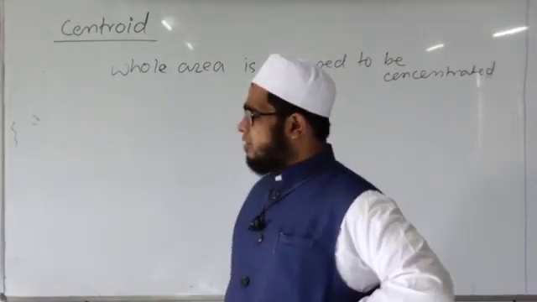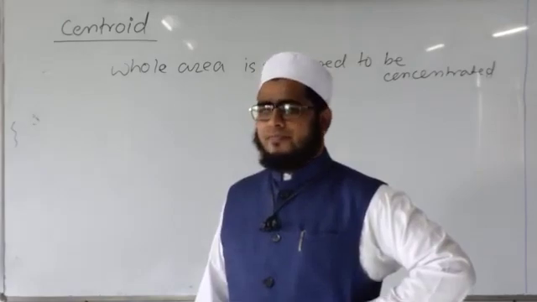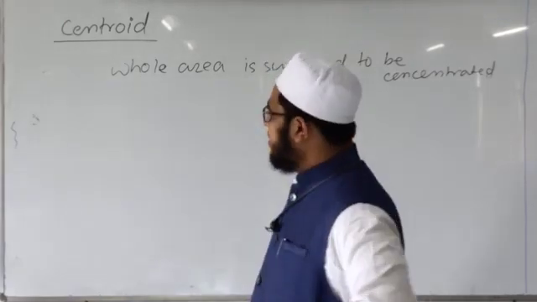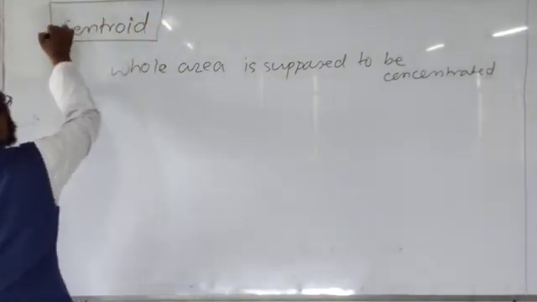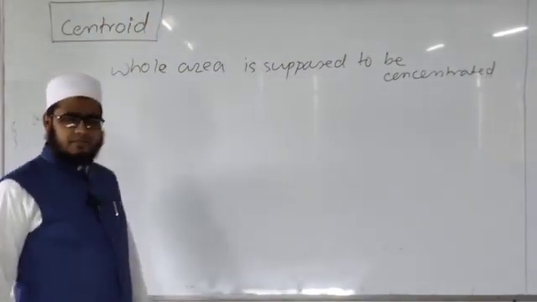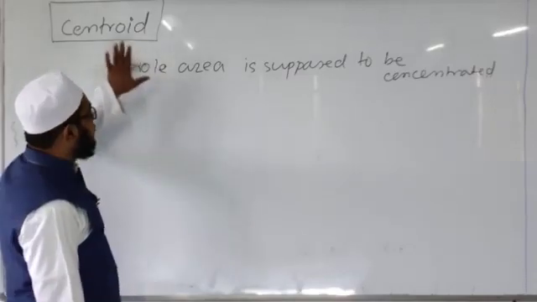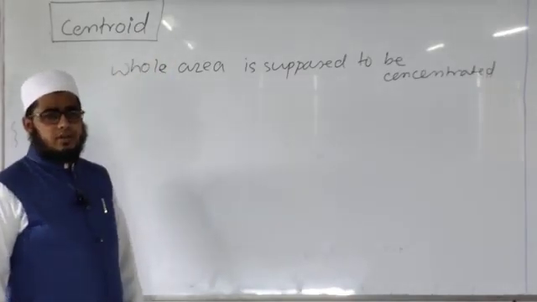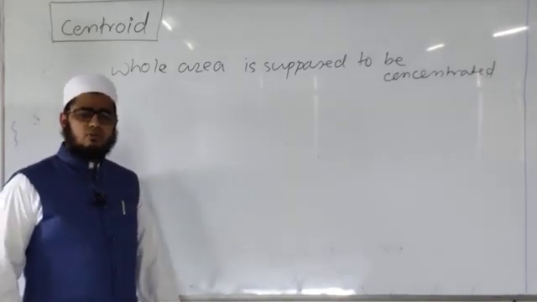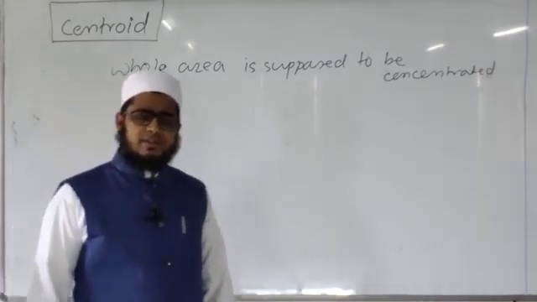Generally, the centroid is the point of geometric center. It means the centroid will lie on the geometric center of the figure. In standard figures, we know what the geometric center is.